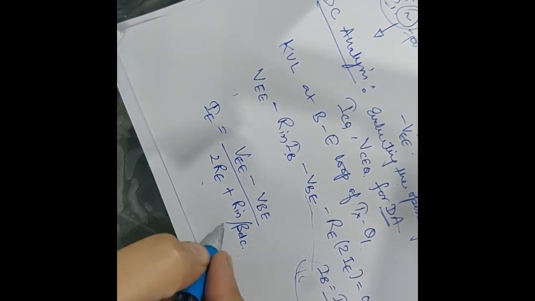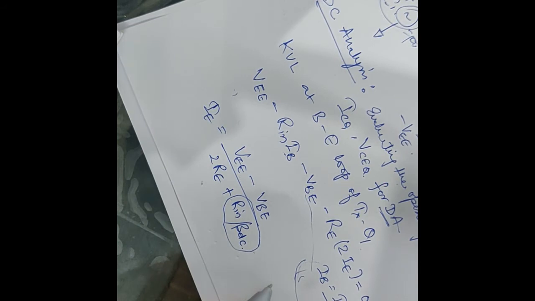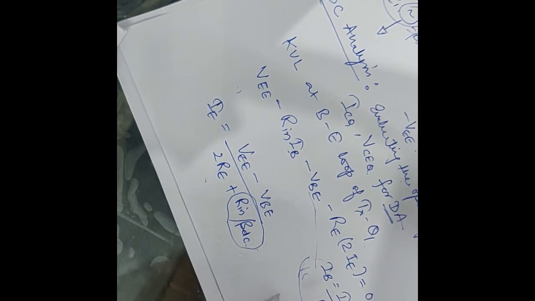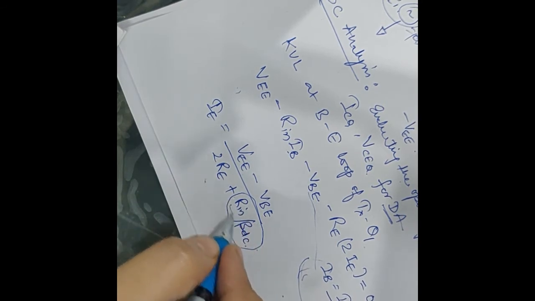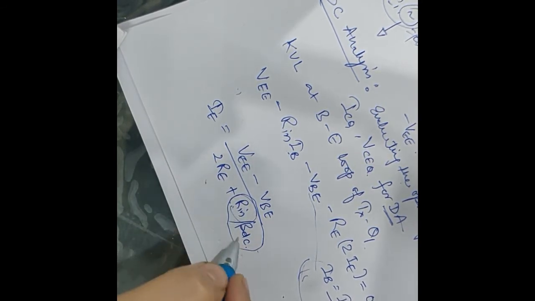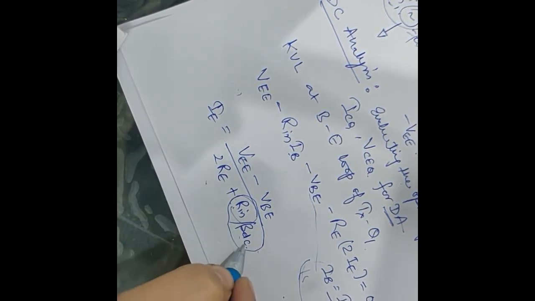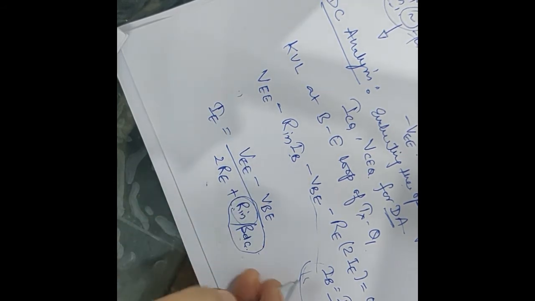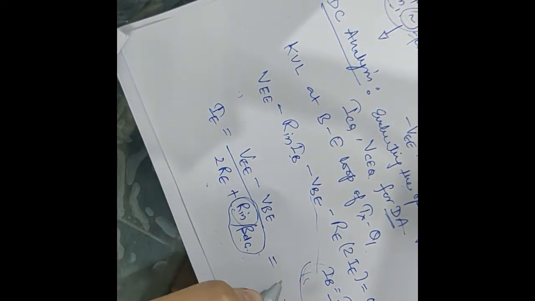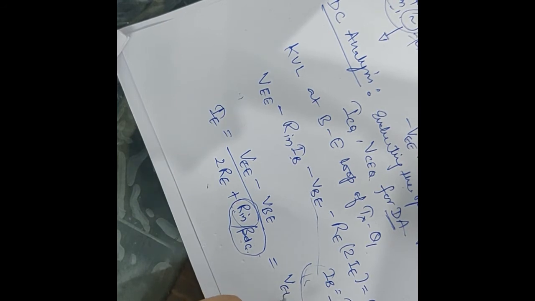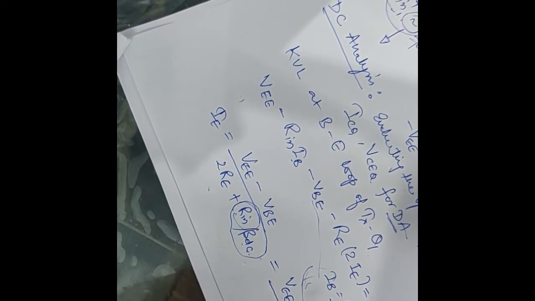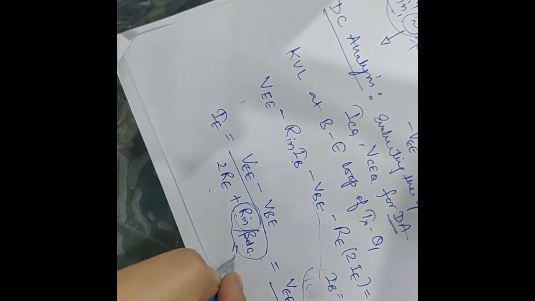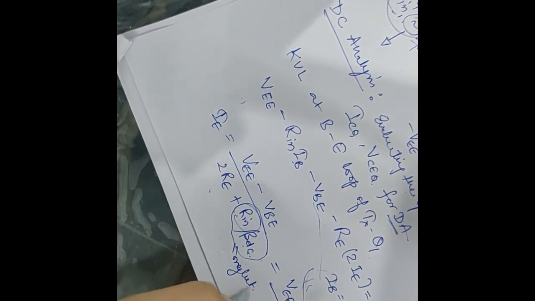Generally beta DC is nearly 100 or more, so RN upon beta DC is very, very small. So this expression can be reduced to VEE minus VBE upon twice of RE. So we'll neglect it, right?